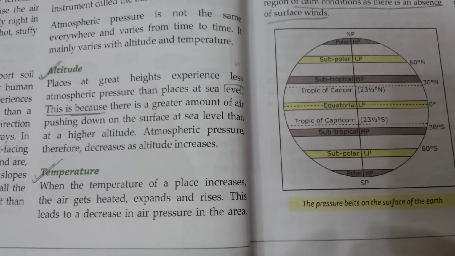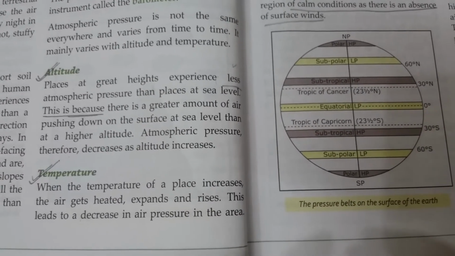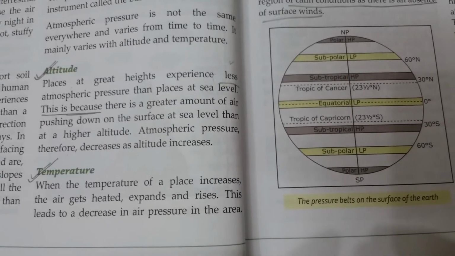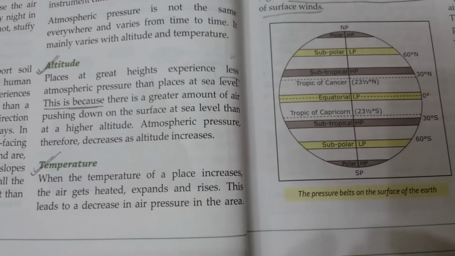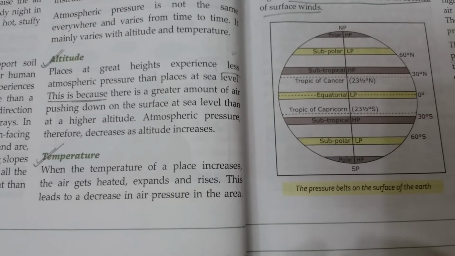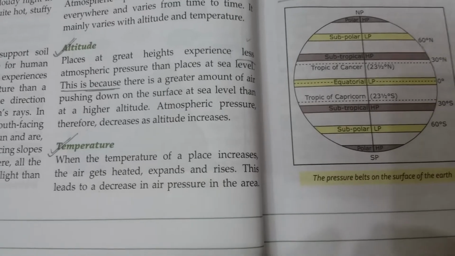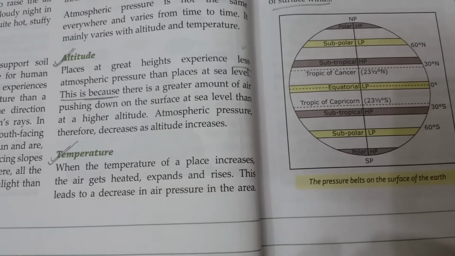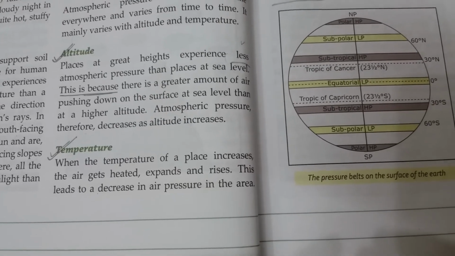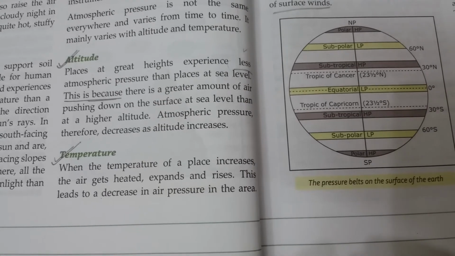This is important: they may ask you why places at great heights experience less atmospheric pressure than places at sea level. The answer is that there is a greater amount of air pushing down on the surface at sea level than at a higher altitude.